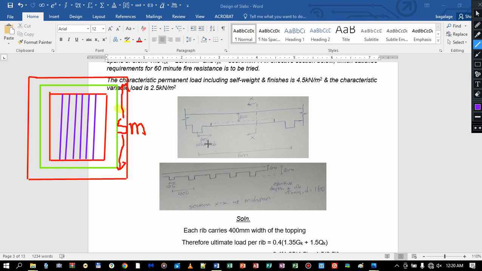Now here the ribs are terminated at a distance of 600 mm from the center line of the support.